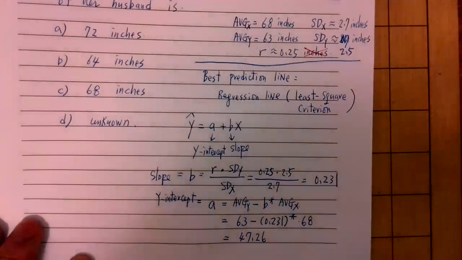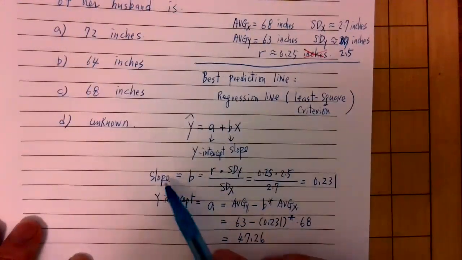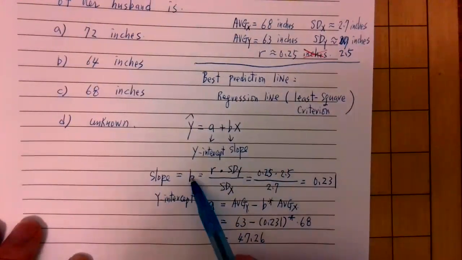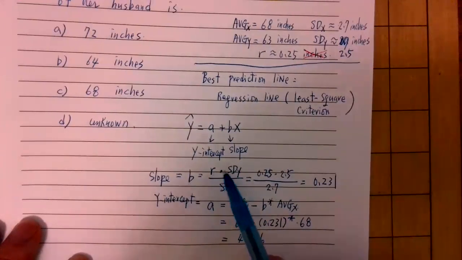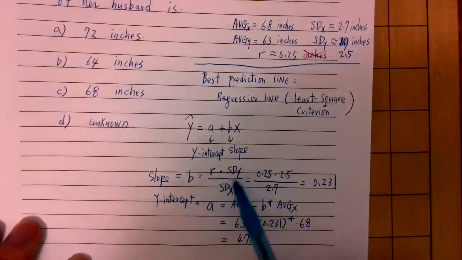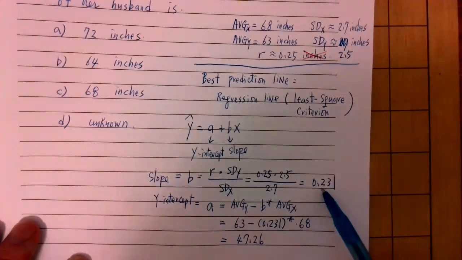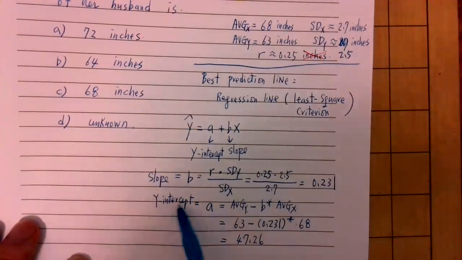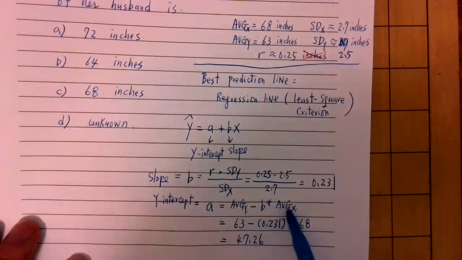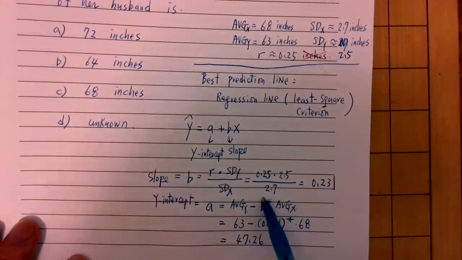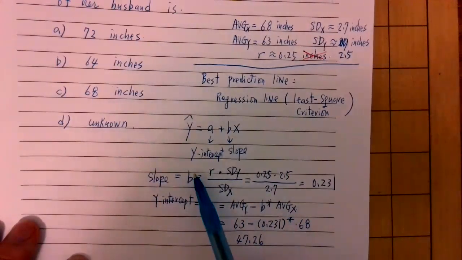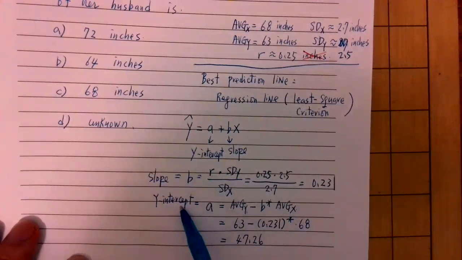Look at the formula. We use the slope formula: b is equal to the correlation times standard deviation y over standard deviation x, and that number is 0.231. And the y-intercept a is equal to average y minus b times average x. To find the regression line, which one should you find first?